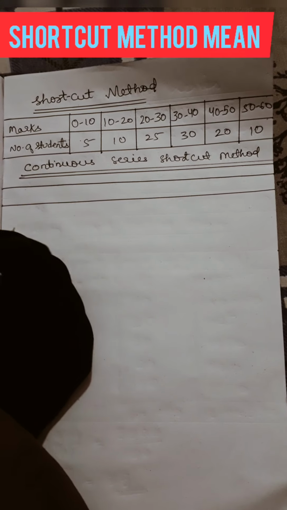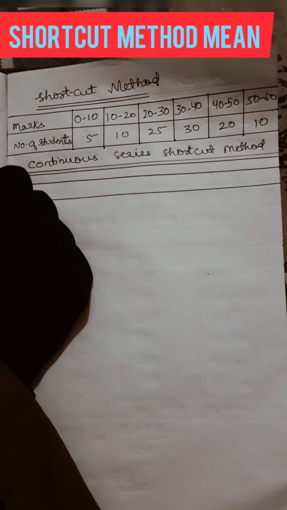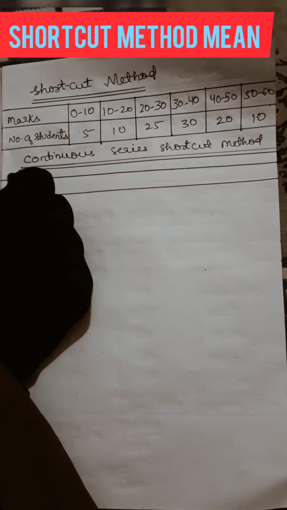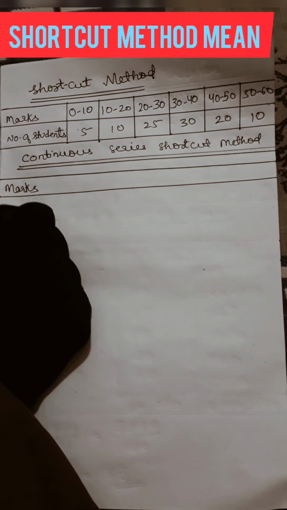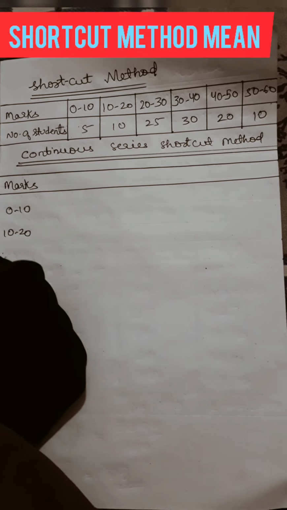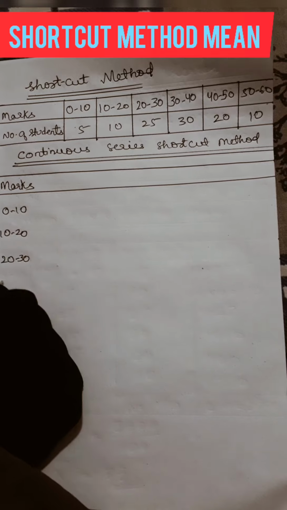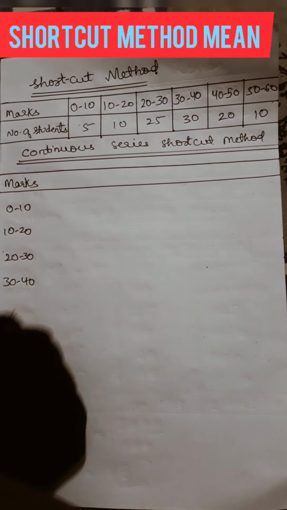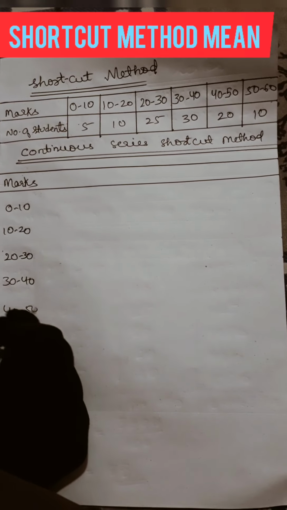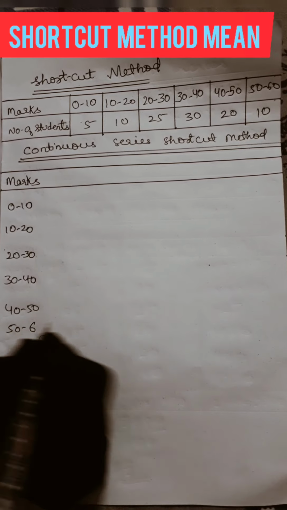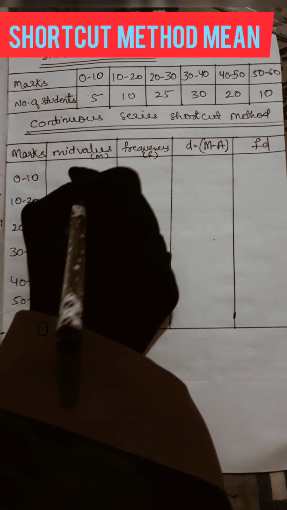Now calculation of mean by shortcut method. First I am writing here class intervals from the question, first line 0 to 10, 10 to 20. After class intervals, mid values will be added in the next column.